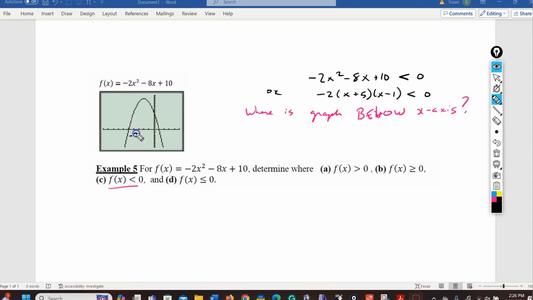And again, we've got -5 and we've got 1 there. And it's below in this part here, and it's going off that way forever. And it's below the x-axis on that part. And then it's not on, it's just below. Where is it strictly below? So we do not include those endpoints.